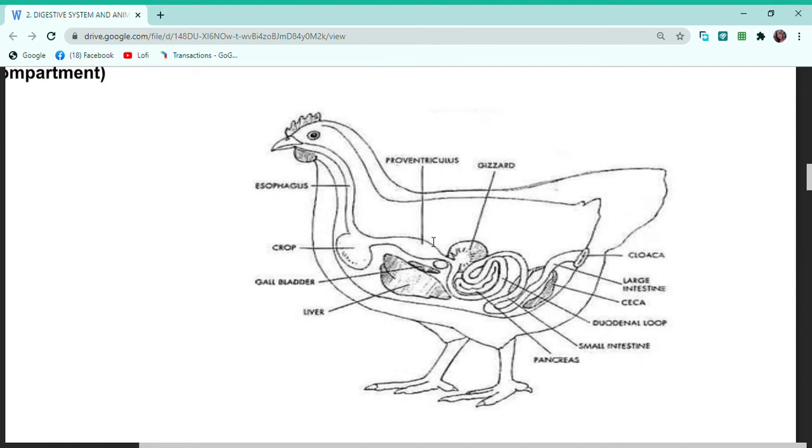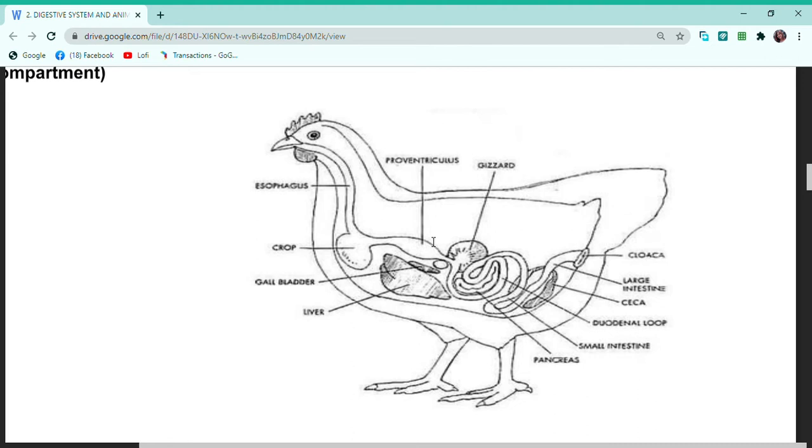This is already the muscular part na nagpo-function as teeth kasi nandun yung mga grits para magkaroon ng digestion ng food into smaller particles. Okay?